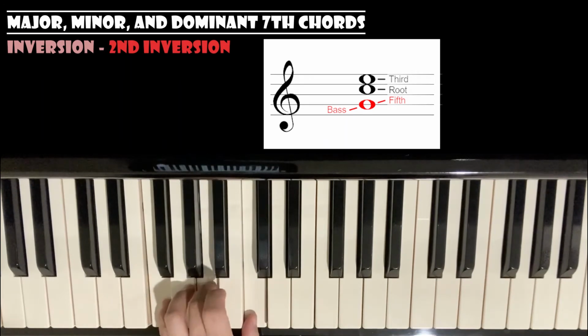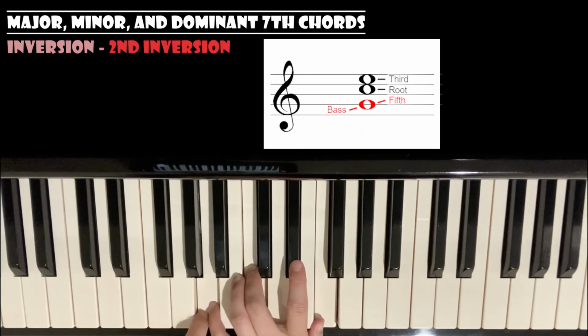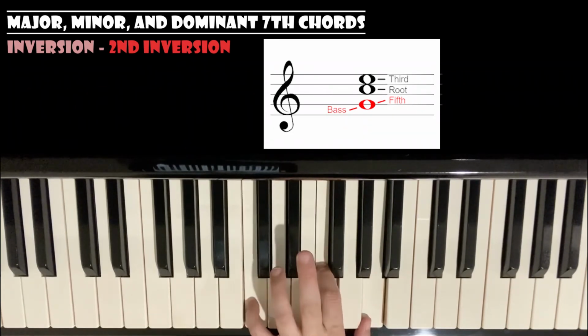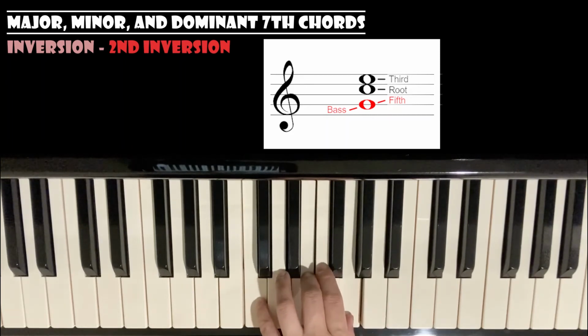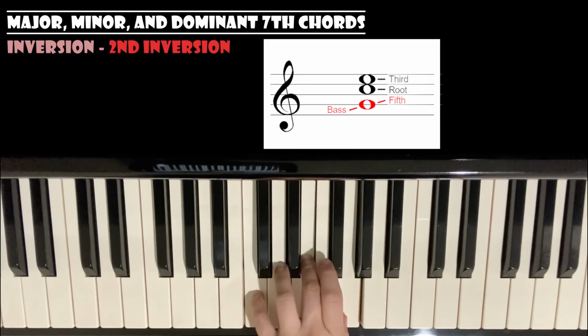When you play the F chord, this is the root position. Make it first inversion, this one, then second inversion. So C, F, A from the bottom to top. That's right. That's the second inversion of the 4 chord.